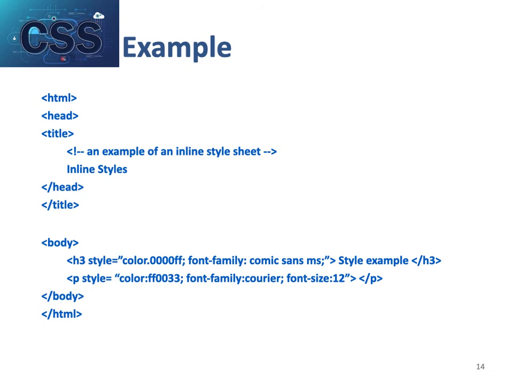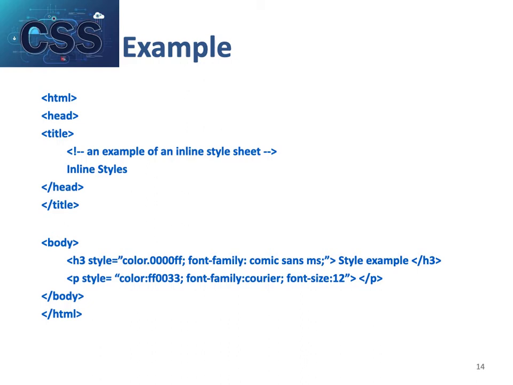See here, in our HTML code, the code starts with the html tag followed by head and title tags. Then our body tag comes. Inside body and slash body, we have specified two different tags along with their style declarations. So inline style specifications are given for the h3 tag and p tag. You can see over here the h3 tag and p tag have style attributes.